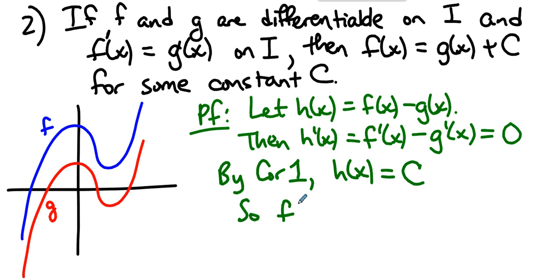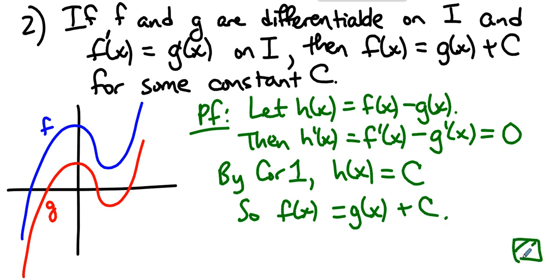So f of x is g of x plus that constant. And this guarantees that the logic goes the other way. If the derivatives of two functions are equal, then those two functions are the same except for some vertical shift.